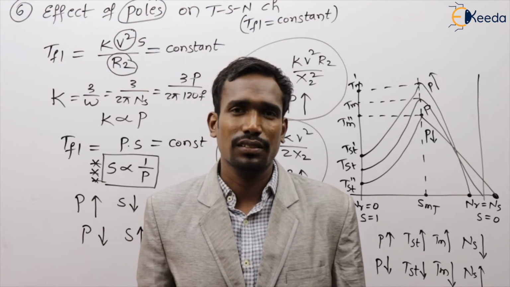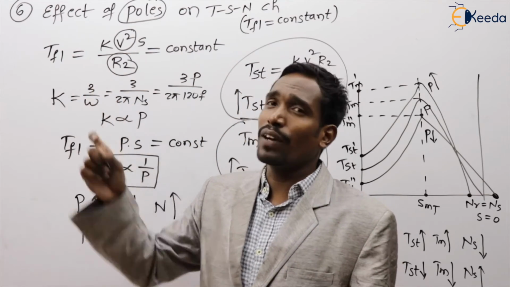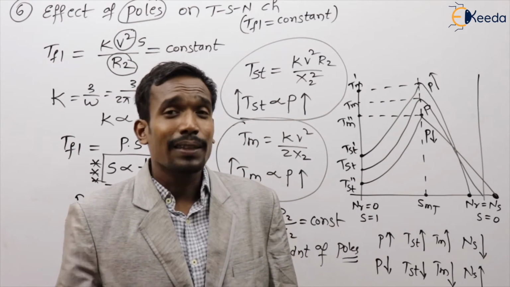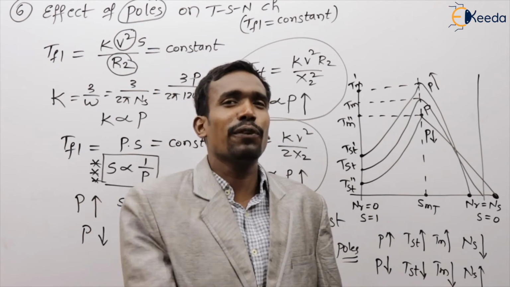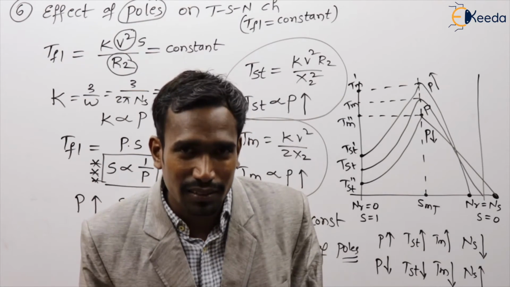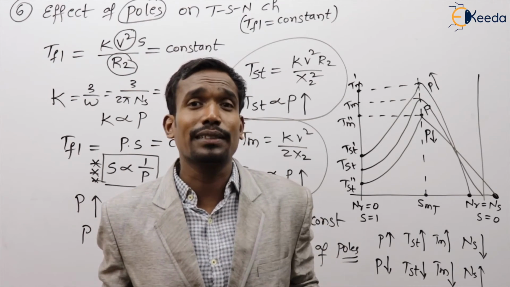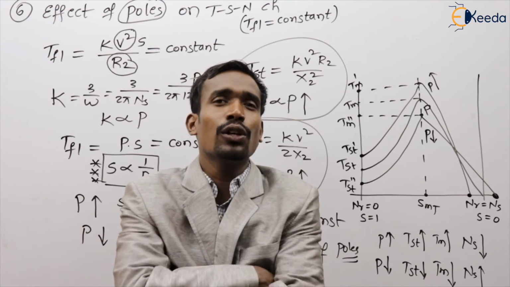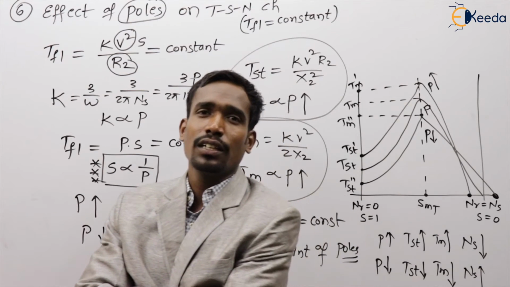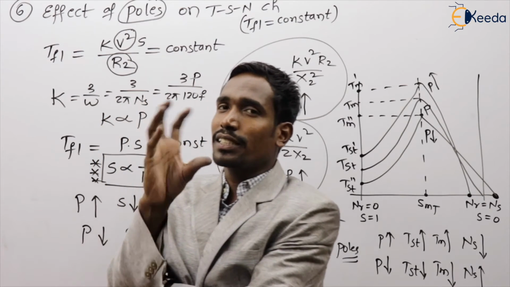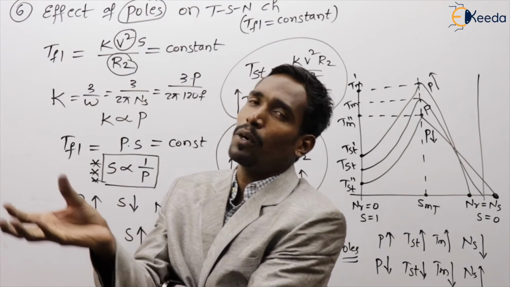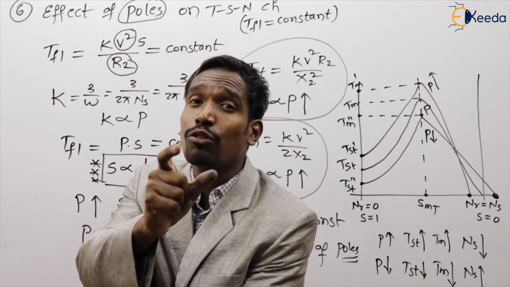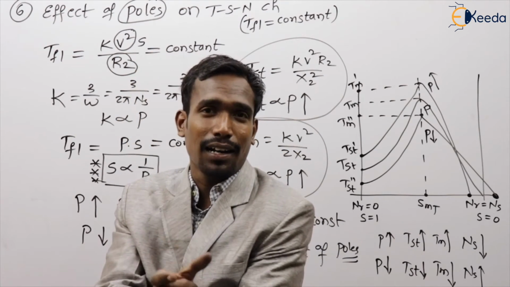Now tell me, is this method preferable for slip ring or squirrel cage? The pole changing method is well preferable for squirrel cage. This is not preferable for slip ring. Why? I already told you, in a squirrel cage induction machine, if the poles change in the stator, poles automatically change in the rotor due to magnetic replica.